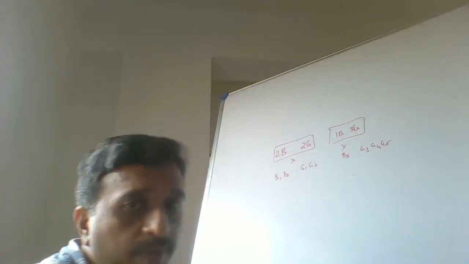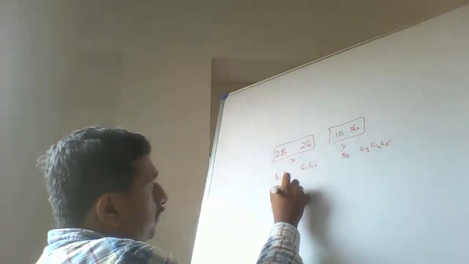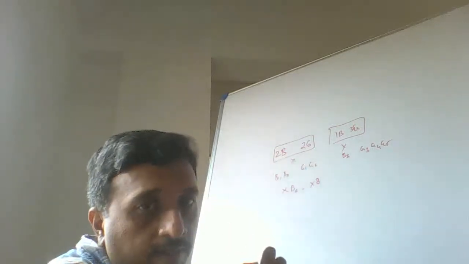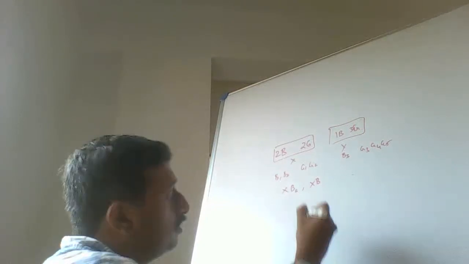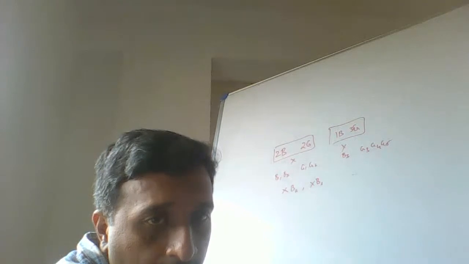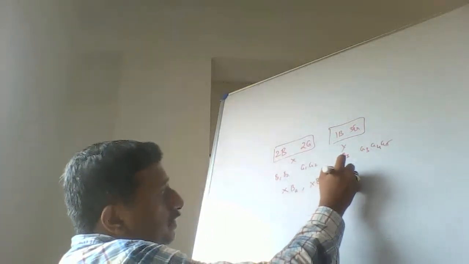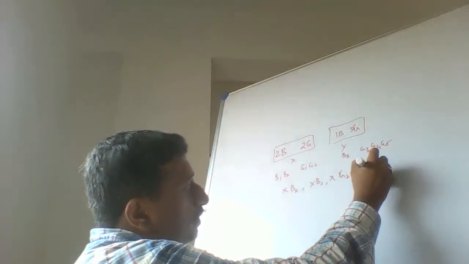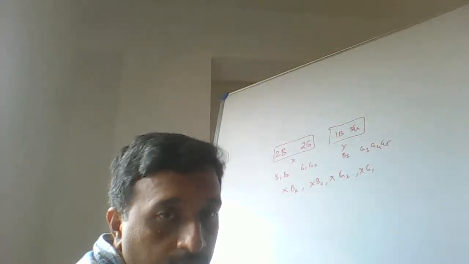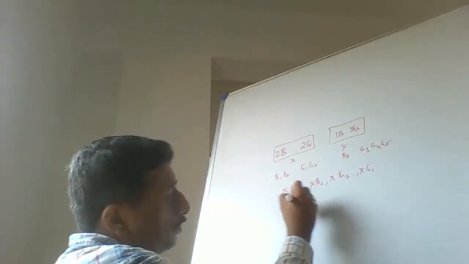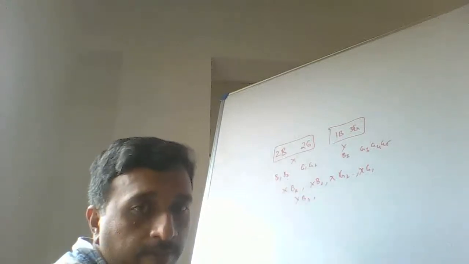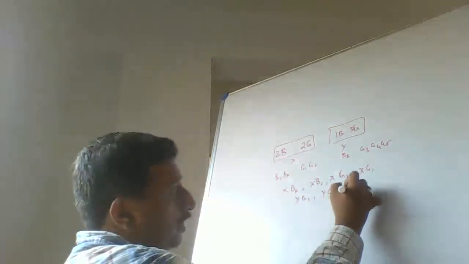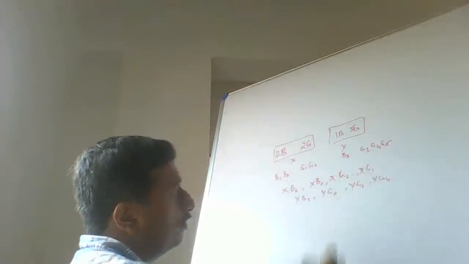According to that, the sample space is given by X with b1, X with b2, then X with g1, X with g2, and Y with b3, Y with g3, Y with g4, and Y with g5.